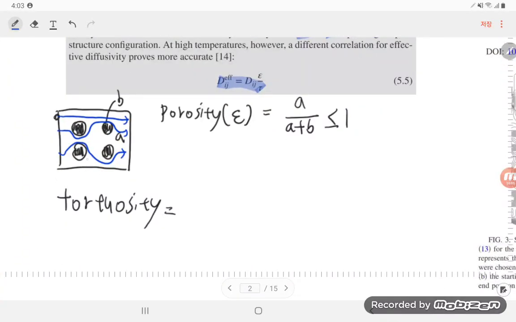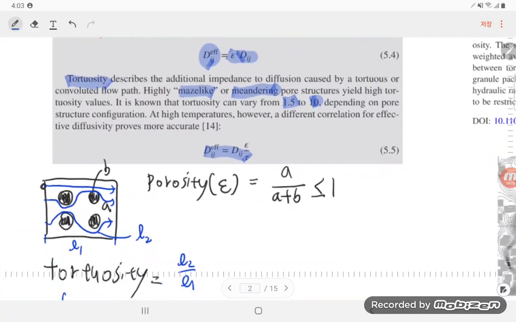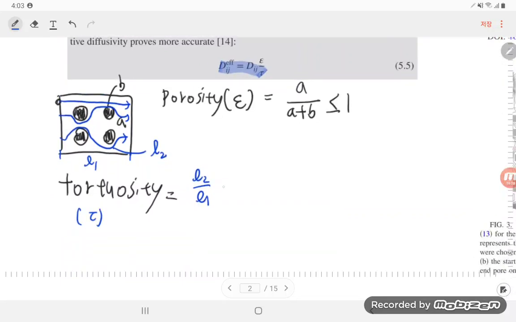So the length of this path is L2, and the shortest way is L1. Then L2 over L1 is the tortuosity, which is denoted here as tau, and it should be higher than or the same as 1. This is tortuosity and porosity.